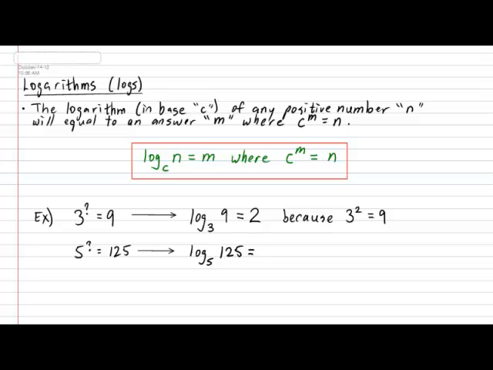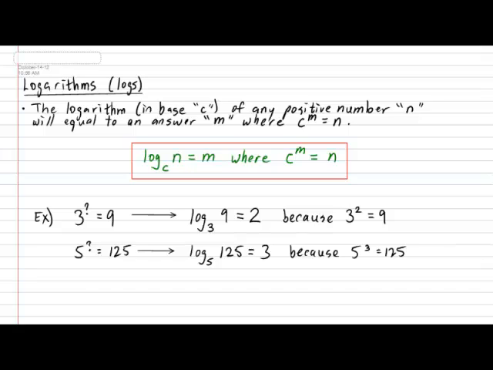So this is telling us log base 5 of 125 should equal the result, where if we were to do 5 exponent the result, it would give us back 125. And as we all know, it's going to be 3. And the justification is simple, because the base exponent our answer gives us back the number that we were logging, which is 125.